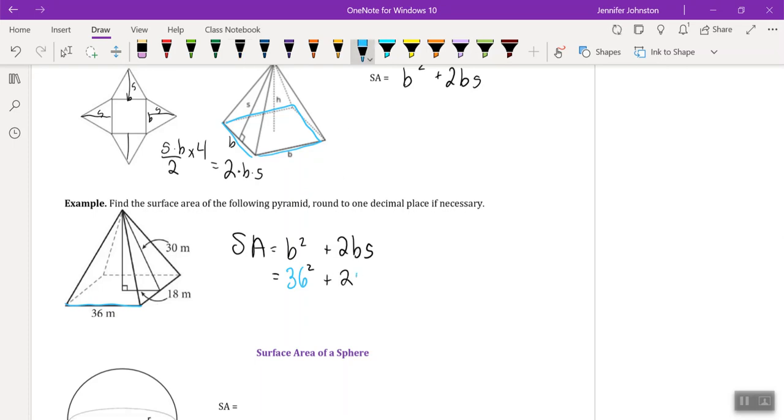Again, we can see that b is 36, so times 36. And I think we're given the slant height here. Yeah, it's 30. So times 30. Let's just type this all into our Desmos calculator. We get 3,456 meters squared.